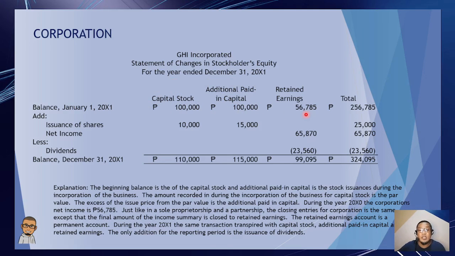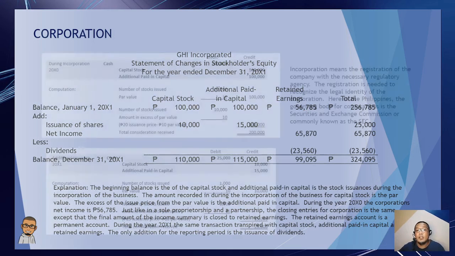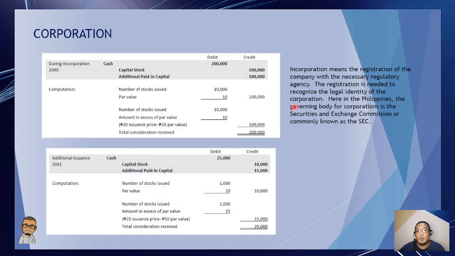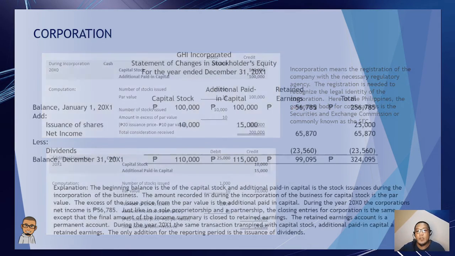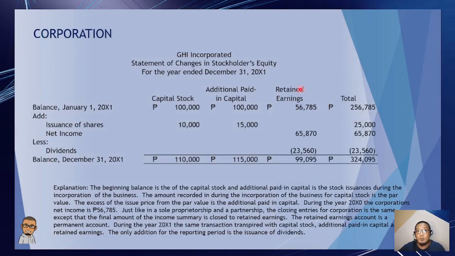Now, the retained earnings, ito yung earnings mo ng 2021. Now, by the way, yung retained earnings mo, para magkaroon ka ng retained earnings, you still go through the closing entries. Okay, so, you prepare the closing entries to close the nominal accounts to your retained earnings account. Okay? Katulad din siya ng sole proprietors saka ng partnership, 'di ba?